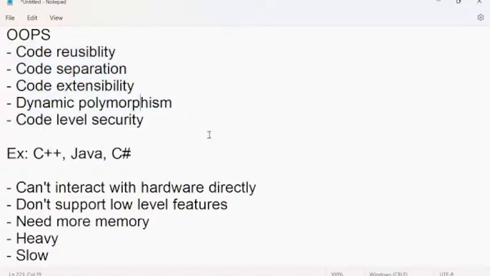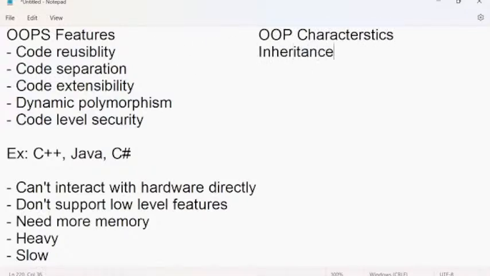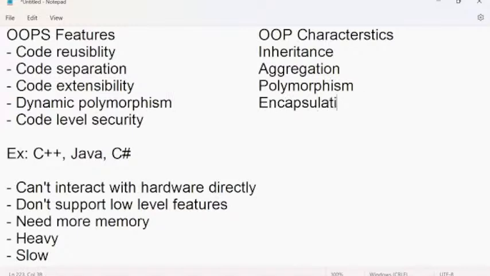So what are the characteristics? I can call these OOP features. Then what are OOP characteristics? OOP characteristics: inheritance, we have aggregation, we have polymorphism, we have encapsulation, and we have abstraction.